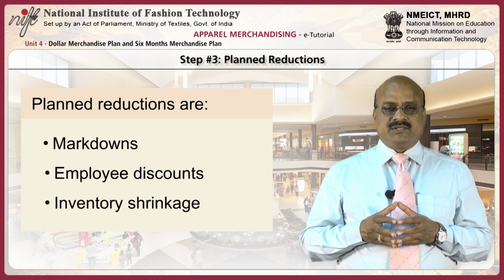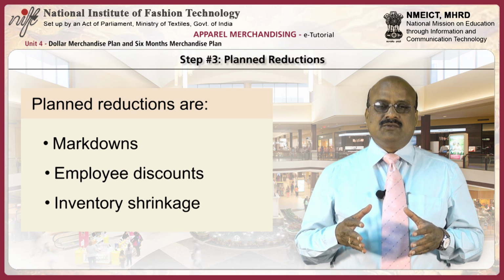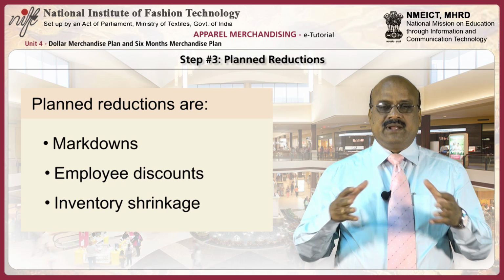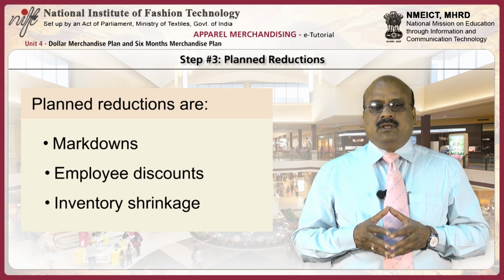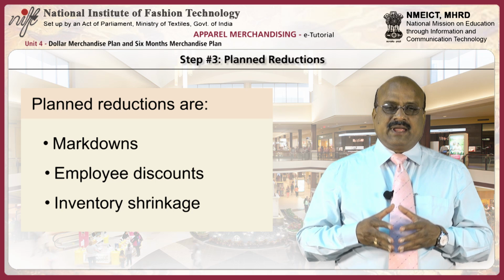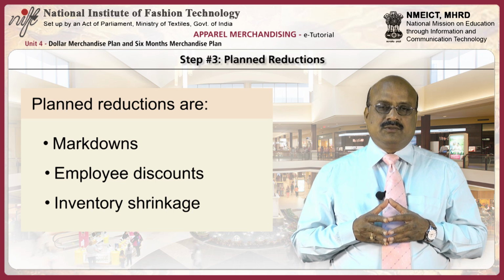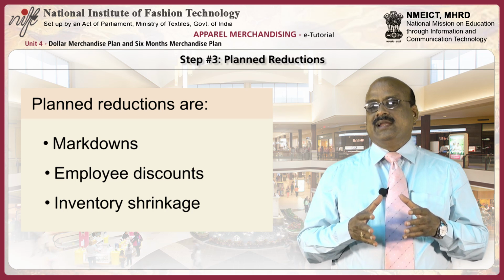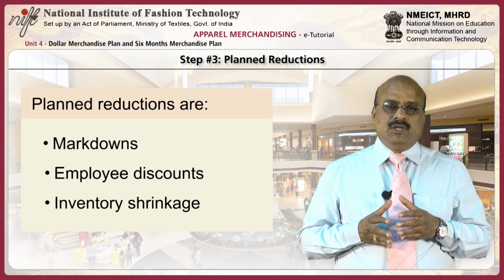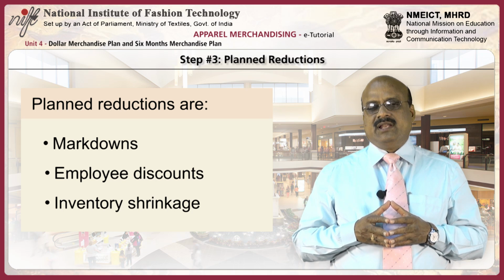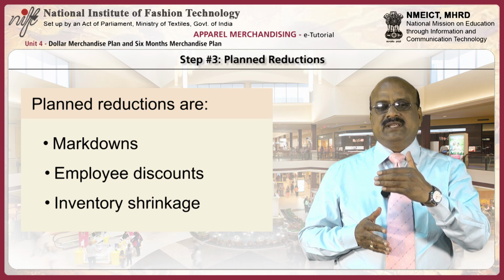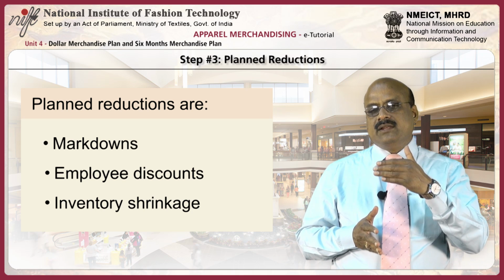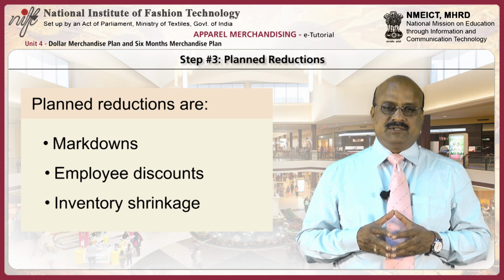Then planned reductions. Markdowns, employee discounts, and inventory shrinkage come under the heading of planned reductions. These 3 figures affect our gross margin, so they must be considered when calculating department and class profitability. Since they also affect inventory levels, they must be projected to ensure enough merchandise is on hand to attain forecasted sales levels.